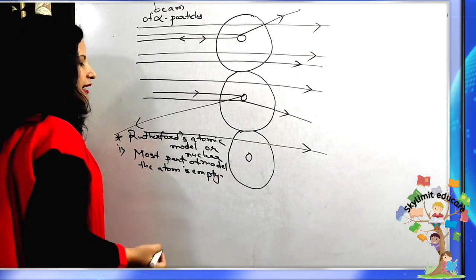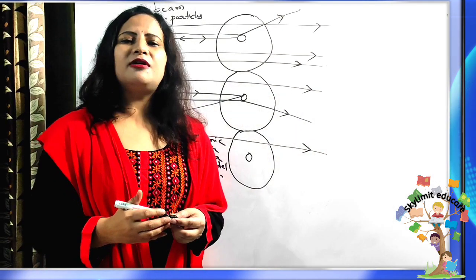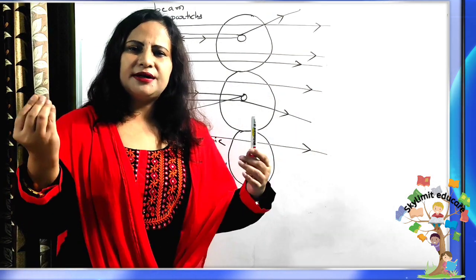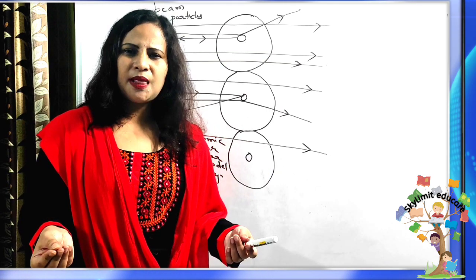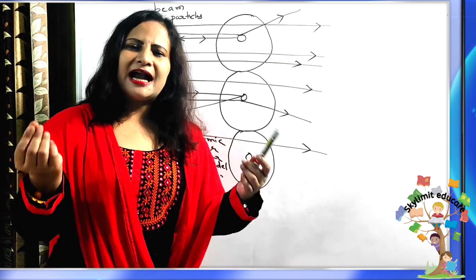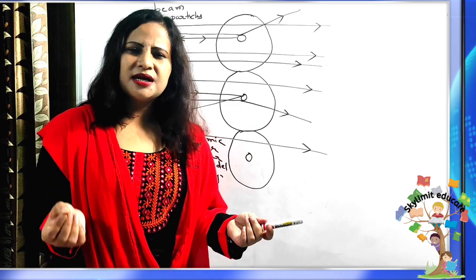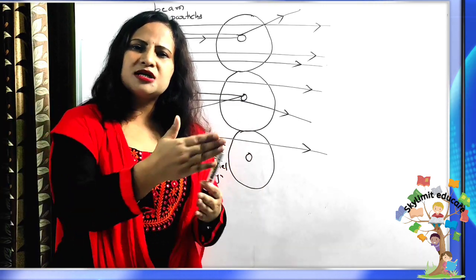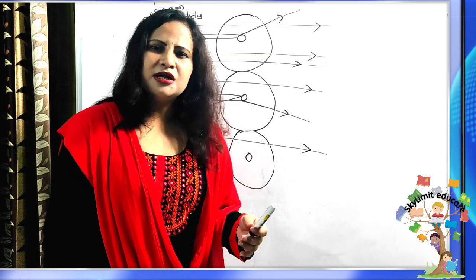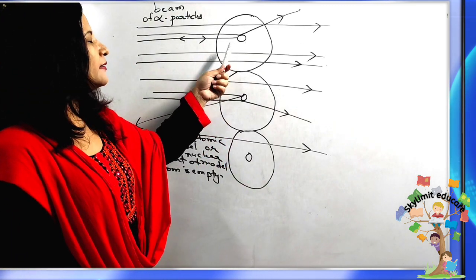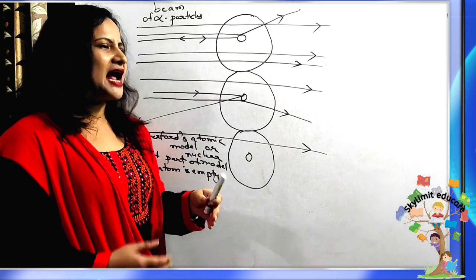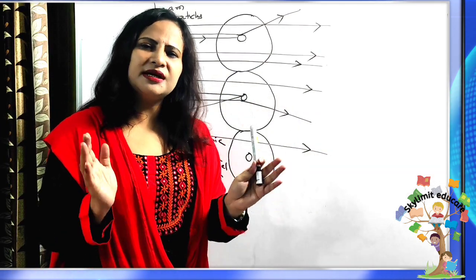That is why 99.9% of alpha particles pass straight through the gold foil without undergoing any deviation. If Thomson's atomic model had been correct, these alpha particles would not have been able to pass through the gold foil, right? The first thing is that he concluded that most of the atom is empty. That means the atom has a large amount of extranuclear space.